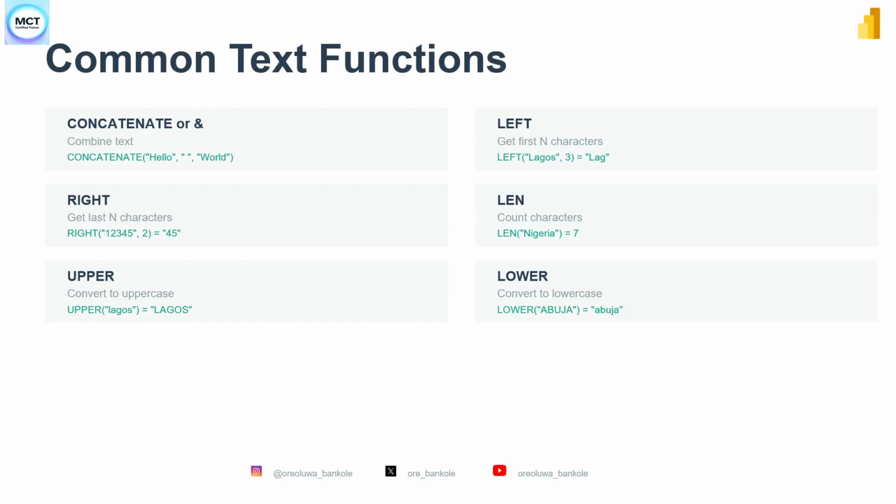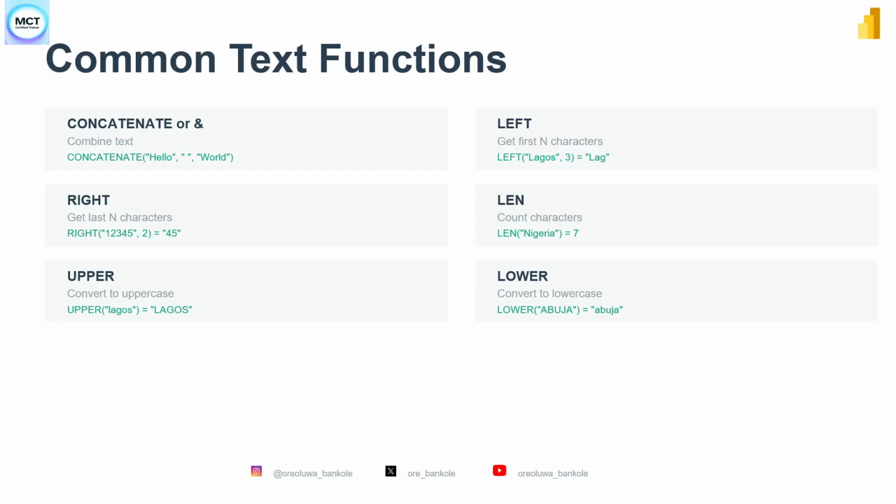We use them to change or transform text inside of our DAX, inside of our Power BI. Before now, when we talked about Power Query Editor, if you all remember, we did quite a lot of things with text functions, isn't it? So the same thing you could do there, you can also do something similar in your DAX. Are you following me?